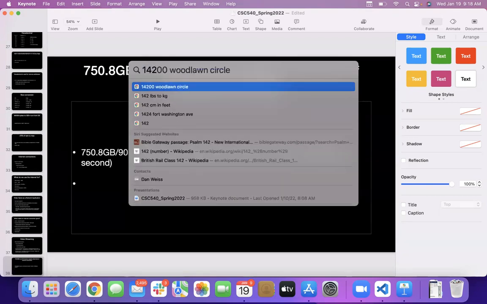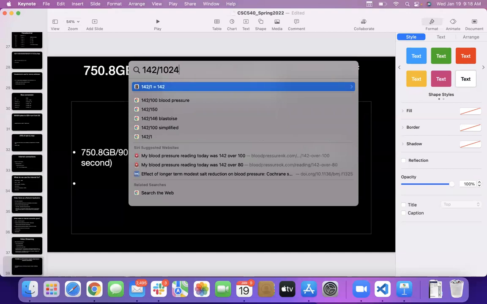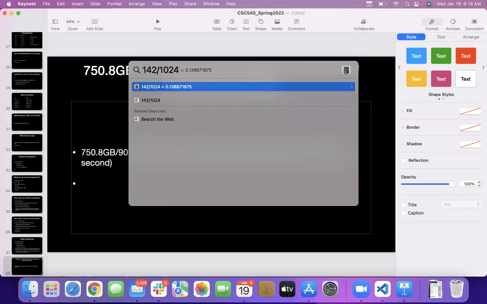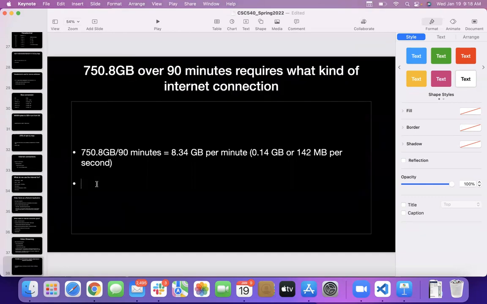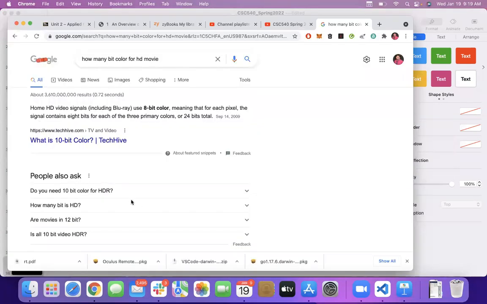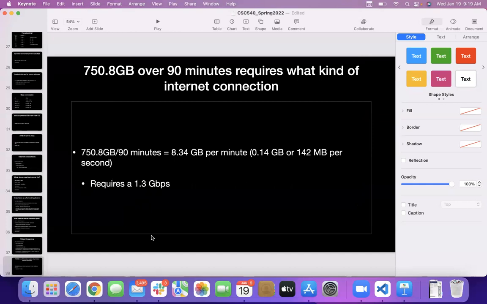So 142 divided by 1,024 is 1.3 gigabit per second. So it requires a 1.3 gigabit per second internet connection.